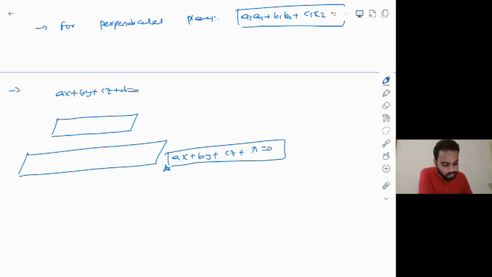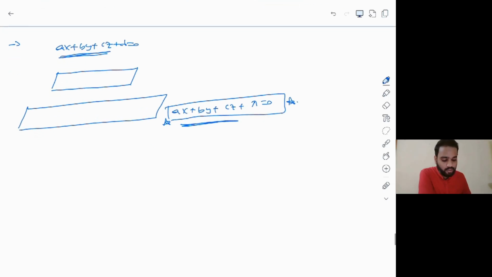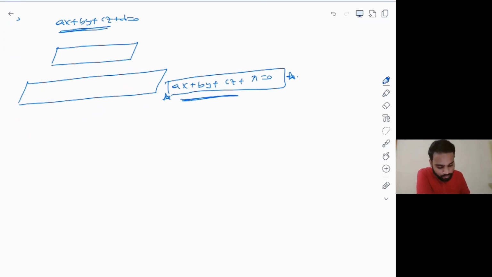So the trick here is very simple. That is, the equations of two parallel planes will only differ by a constant. As you can see here, this ax plus by plus cz part is same and only the constant terms are different. So that's how we try to assume the parallel plane to a given plane. I hope this is clear.